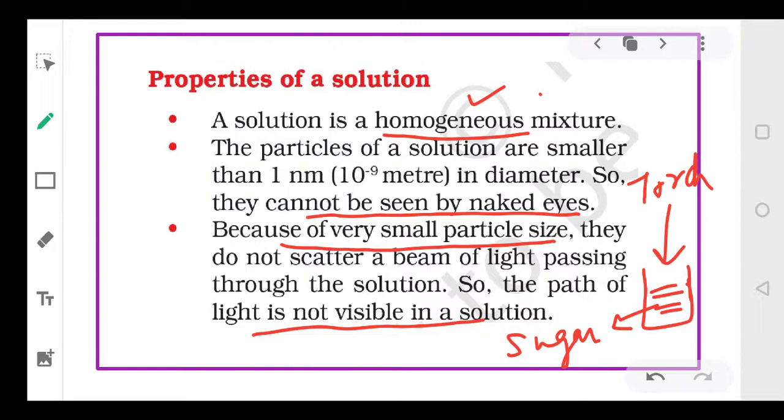First point: solution is a homogeneous mixture. Second: particles of sugar will not be visible to us. Third: this solution does not scatter light.